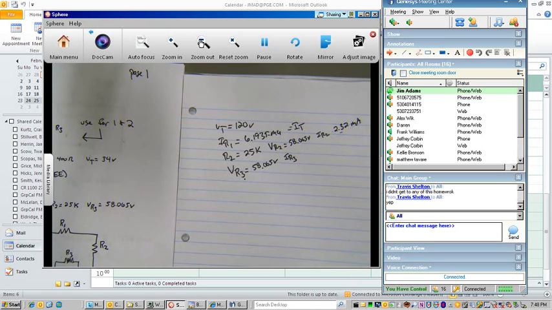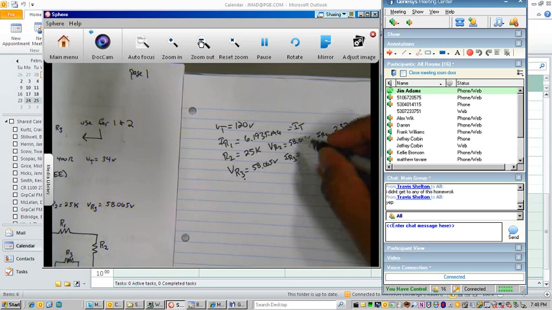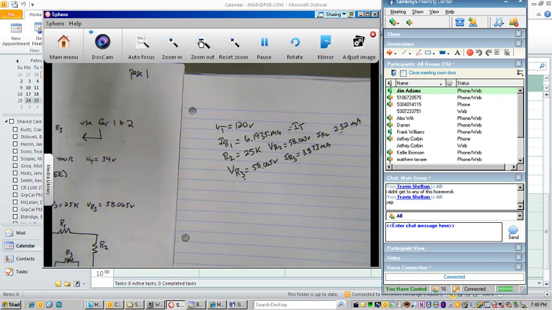Oops. Supposed to subtract. So current through R3 is about 3.873 milliamps.